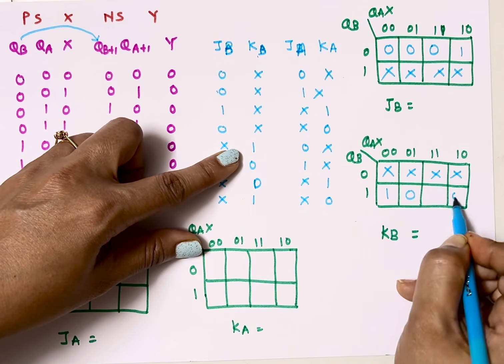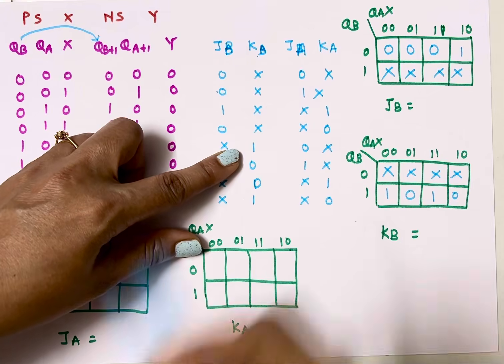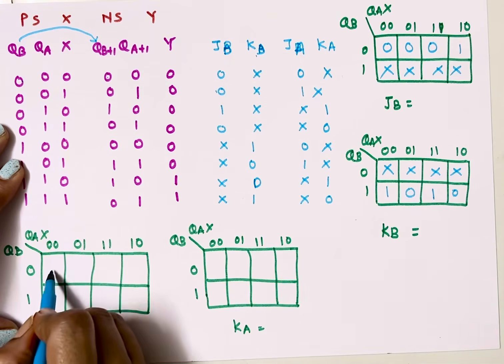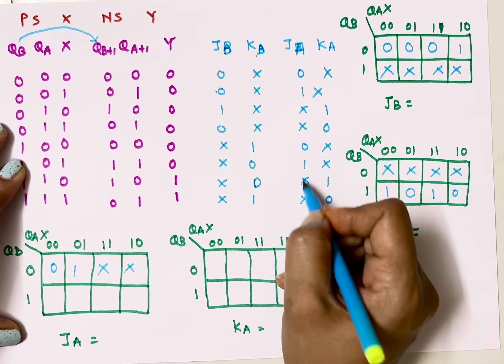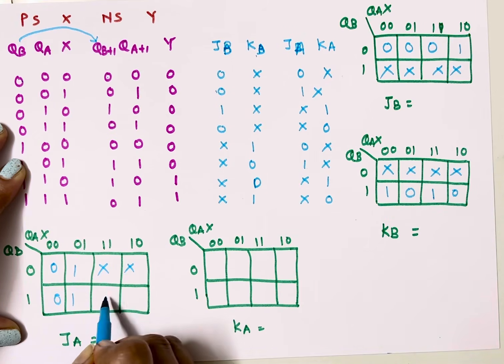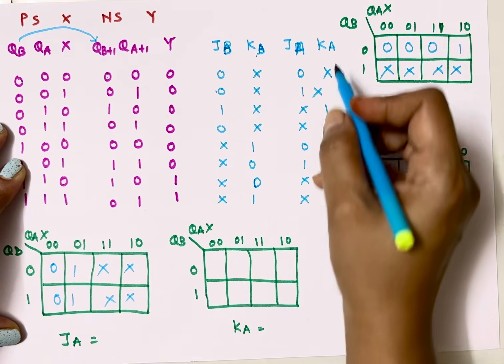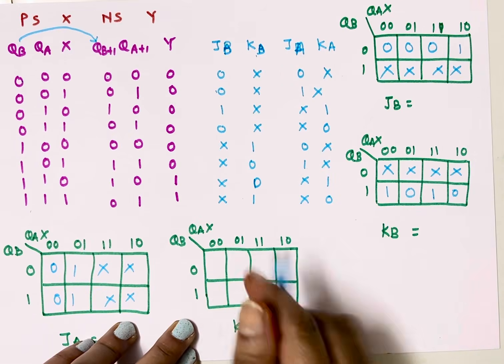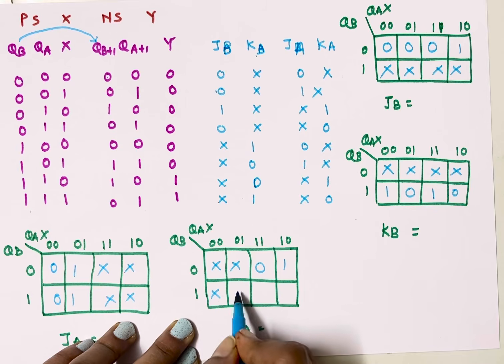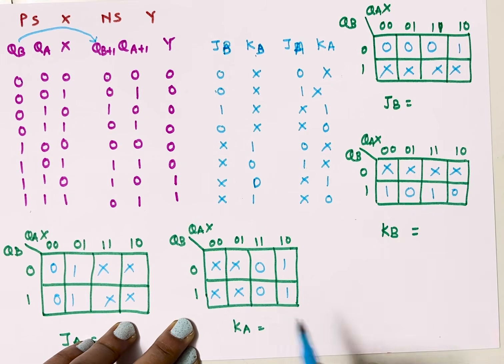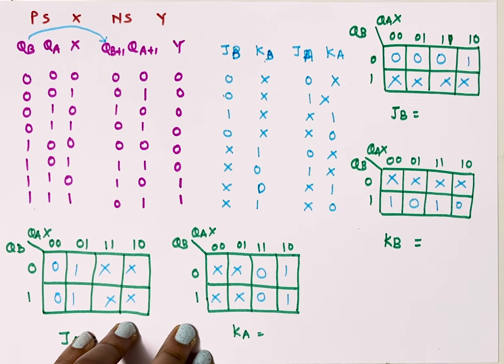For JA: 0, 1, don't care, don't care. For KA: don't care, 1, 0. Now let's make groups and find out the equations.